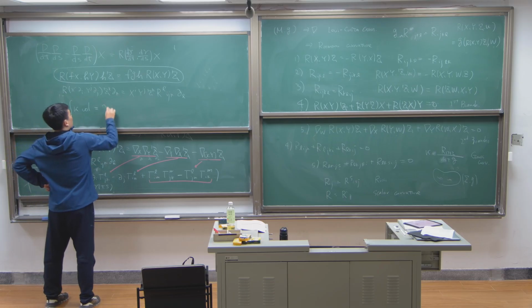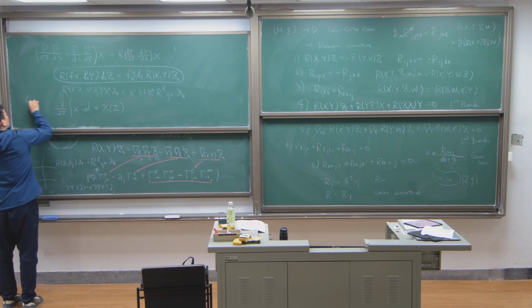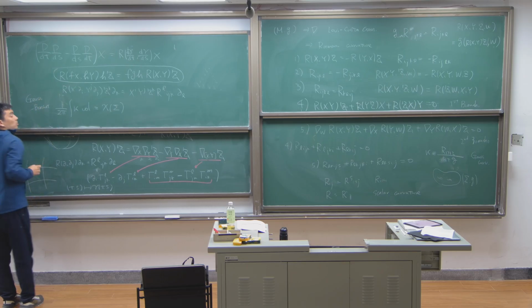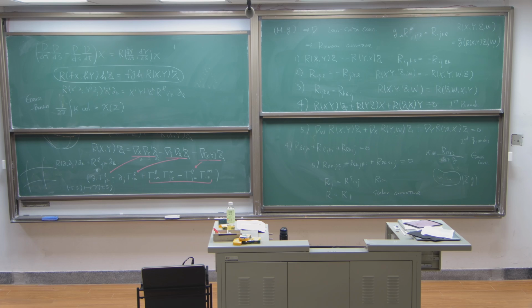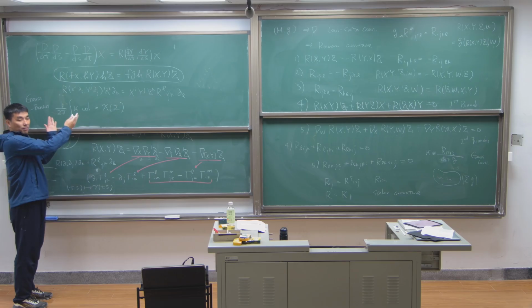If you do that, you can have other characteristics. Also, this is the Gauss-Bonnet theorem. This is a very important theorem. The left-hand side can be defined by differential geometry.